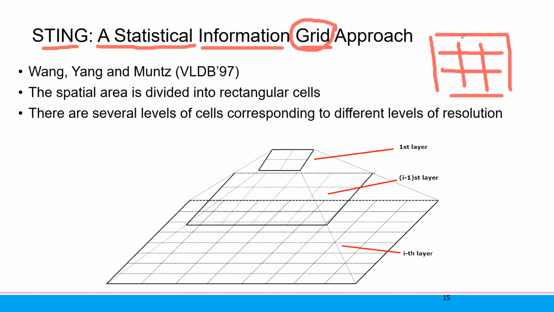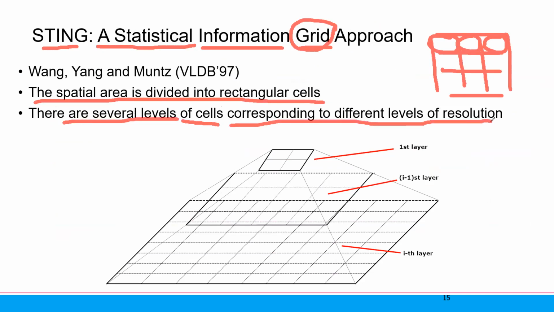We can make a rectangular shape for every area. We can make several levels. The spatial area is divided into rectangular cells. So we can make this rectangle, this rectangle, and so on. There are several levels of cells corresponding to different levels of resolution.